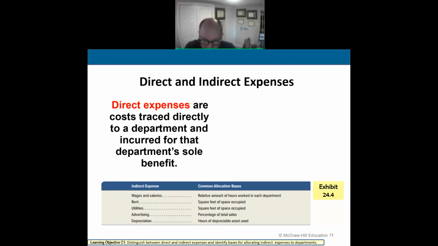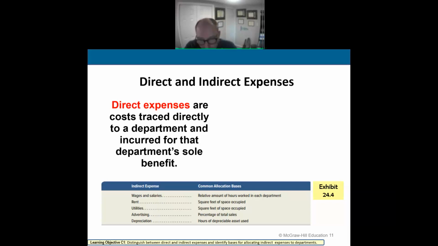Let me put it this way. A department manager spends about 90% of their time in the department, and about 10% of their time not in the department, but in store level meetings or store related activities, like stocking other departments before the holidays.